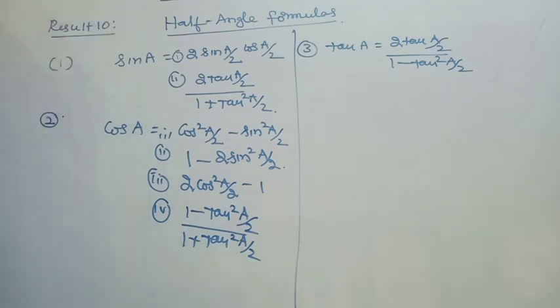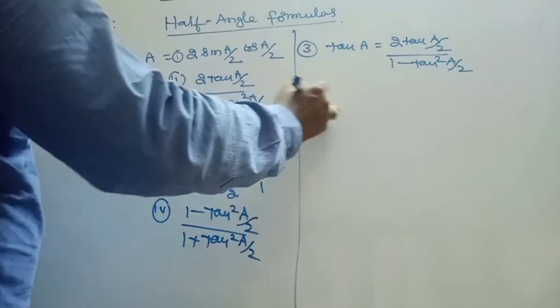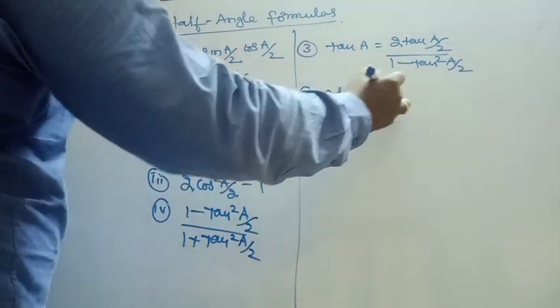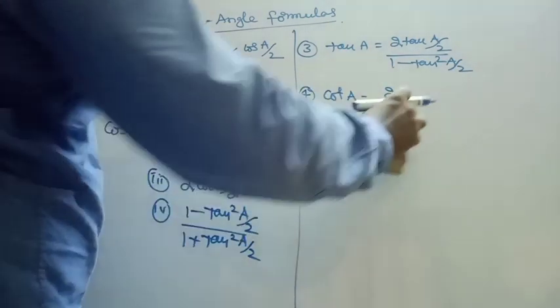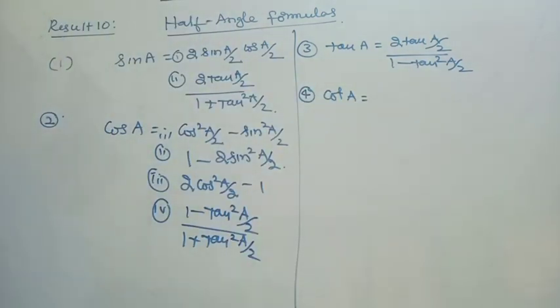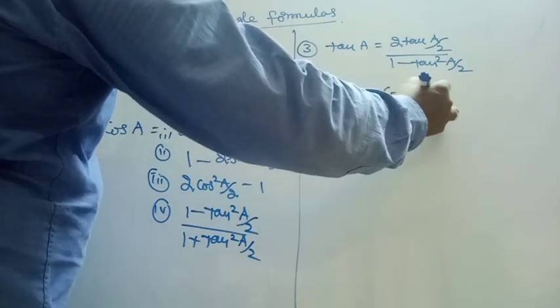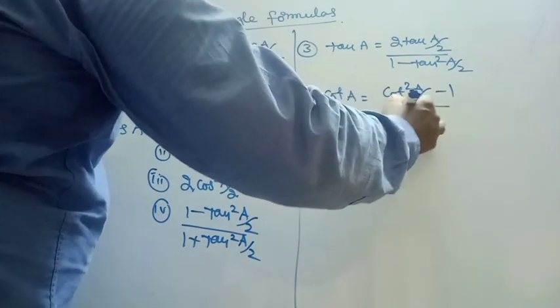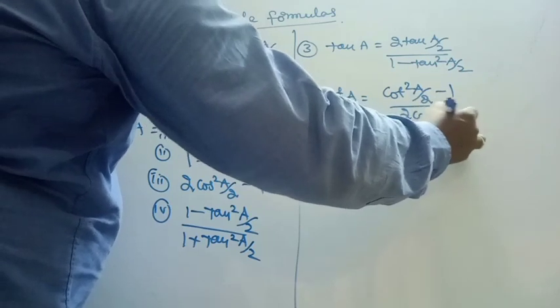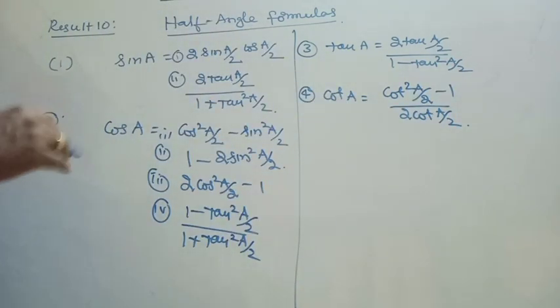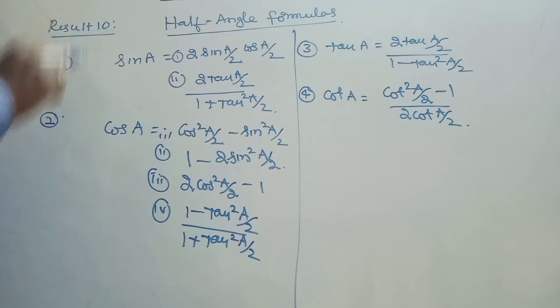Number 4, cot A: we have the cot 2A formula, you know that. Cot 2A is cot square A minus 1 by 2 cot A, so cot A equals cot square A by 2 minus 1 by 2 cot A by 2. Like this, we have these 4 formulas on half angle.